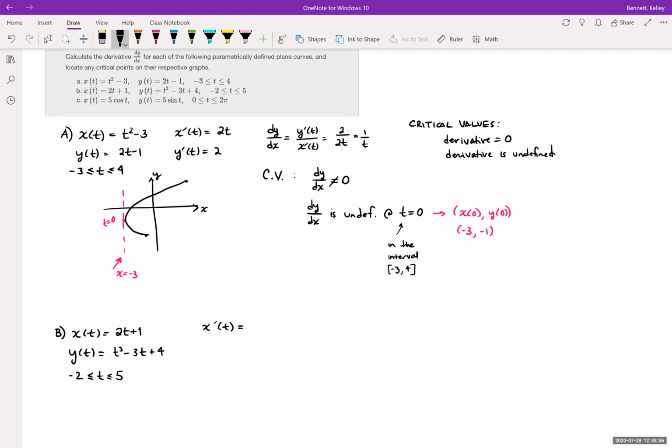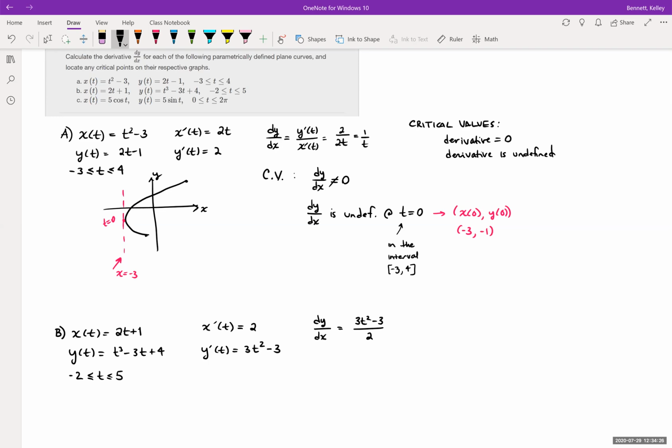I need x prime of t, which is 2, and y prime of t, which is 3t squared minus 3. So I'll get for dy/dx, 3t squared minus 3 over 2, which I'll just leave like that.